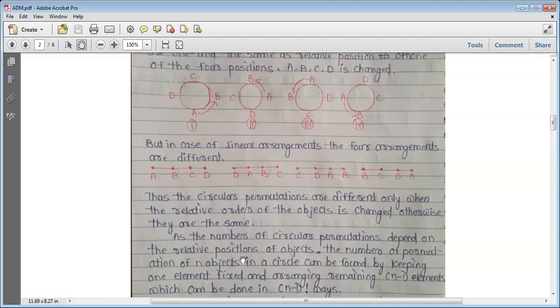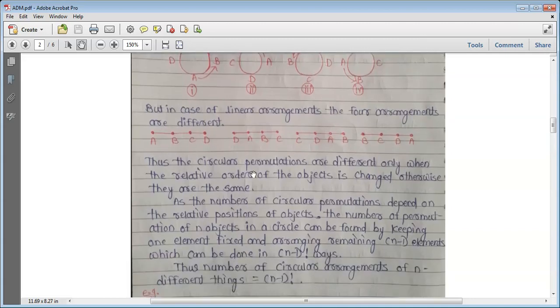Therefore, as the number of circular permutations depends on the relative position of objects, the number of permutations of these n objects in a circle can be found by keeping one element fixed and arranging the remaining n minus 1 elements, which can be done in n minus 1 factorial ways.